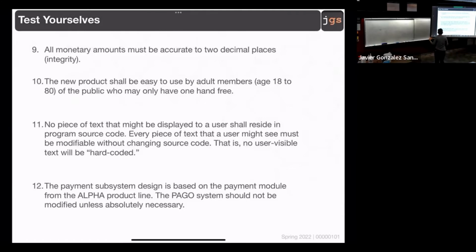This idea about not modifying the system, really what I, as a customer, am trying to tell you is, I have this system that someone else developed for doing payments or whatever. And what I am asking you to do is create a new piece of software, but your software should work with that one, communicate with that one. I am not asking you to create a new system for payments. Use the one that I already have, because I do not want to pay you more for developing the full thing.